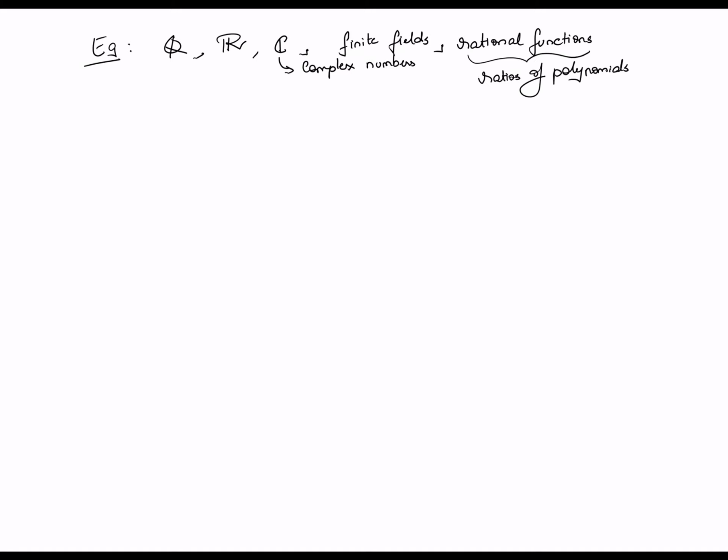So the field of rational functions is also well defined. I invite you to go back and check that if I look at the space of all ratios of polynomials, that also defines a field. Okay, so these are several examples of a field.